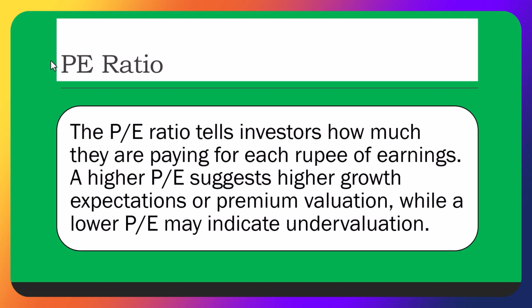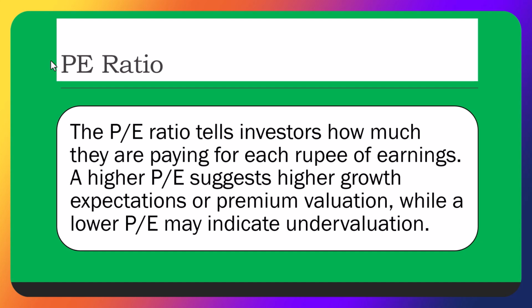So if it's a higher PE ratio, that means the company is trading at a premium, or the company is expected to grow in future. Normally those companies will command a higher PE ratio, because if their prospects are very good, people keep buying those shares at whatever price they are available, and the PE ratio will also go up, because it is basically the market price divided by EPS.